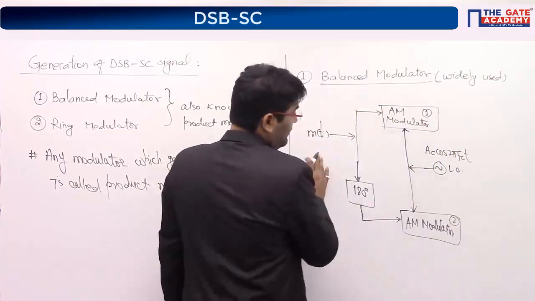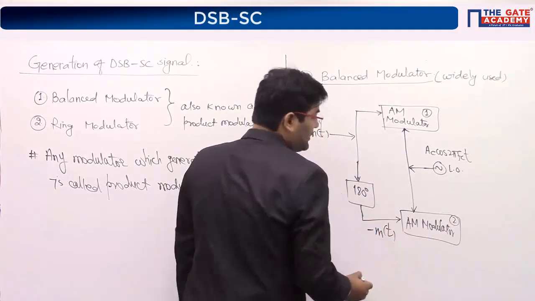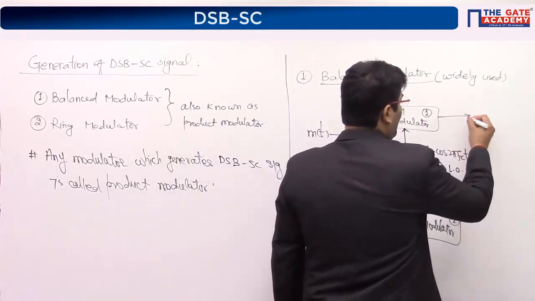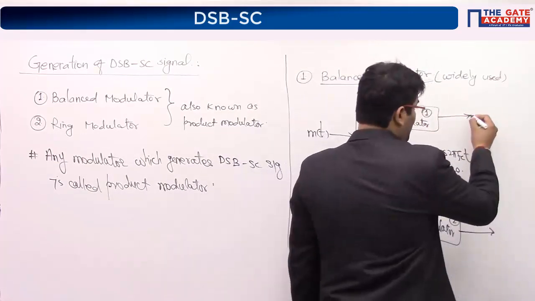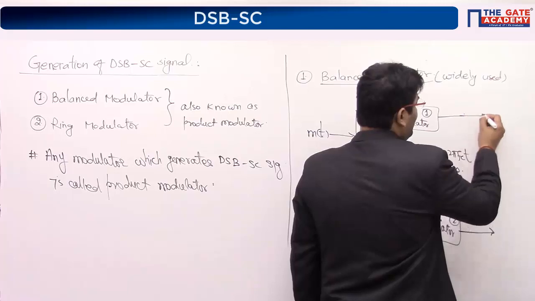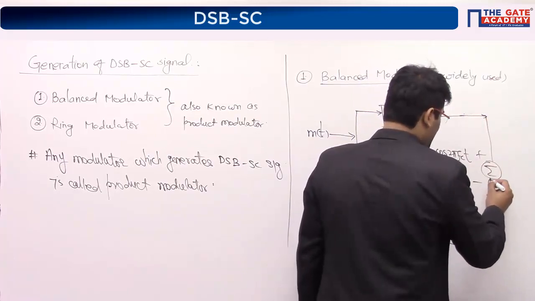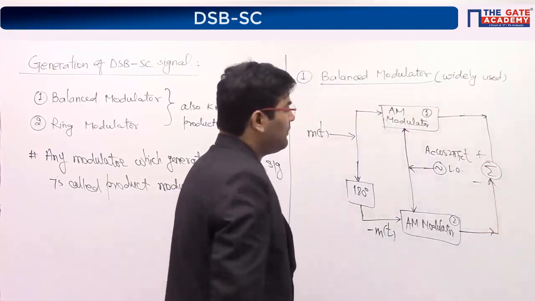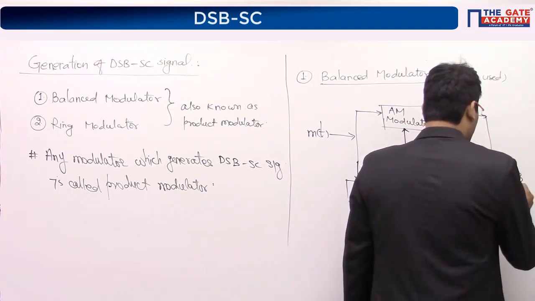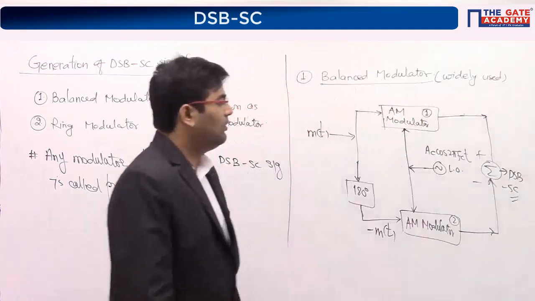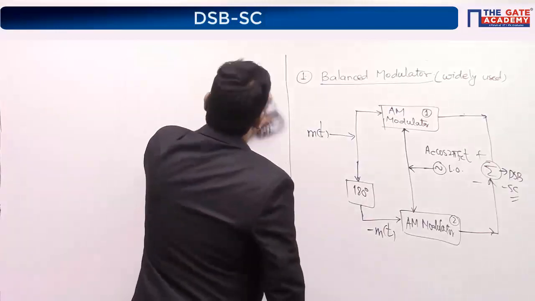So this is MT. The moment you take a 180-degree phase shift, it will become minus MT. We'll take the output of AM modulator 1 and AM modulator 2 and we'll subtract it. So we take this here and subtract, plus, minus, like this. And the output is double sideband suppressed carrier. Please note it down.